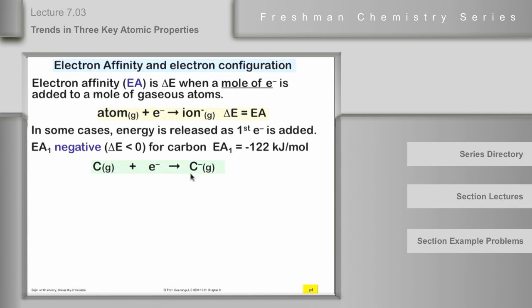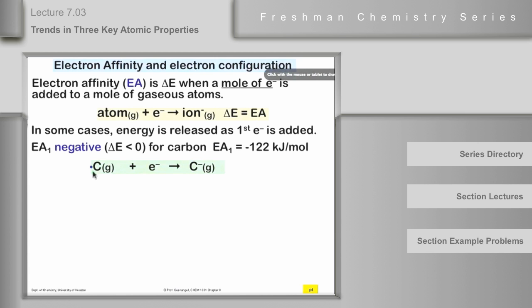What we're going to do is look at the electron configuration of the anion, and the electron configuration of the atom, and use the principles that we have about the stability of electron configurations to determine whether we are going downhill or uphill in stability. So here's carbon.